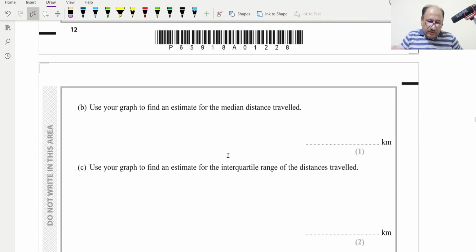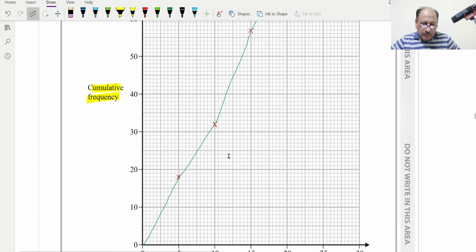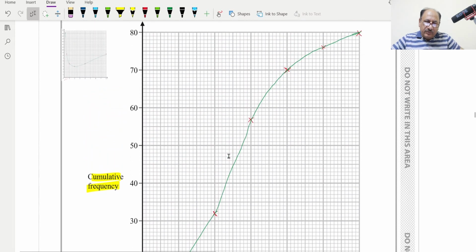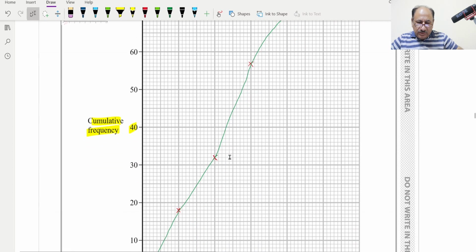So B part, they're saying use your graph to find an estimate for the median distance traveled. Median distance traveled is what? Median will be 50% of this 80 value, which will be 40, so we'll check the reference point for 40.